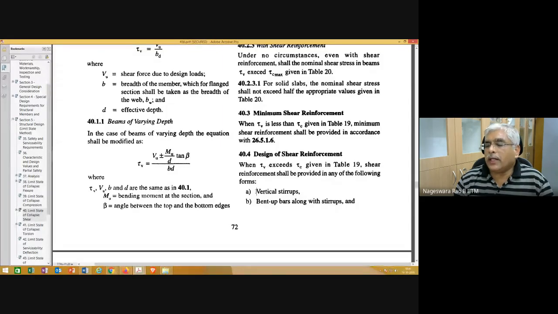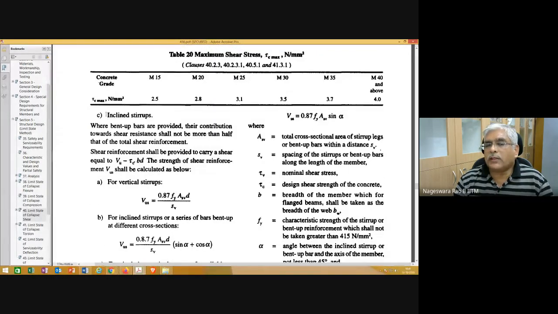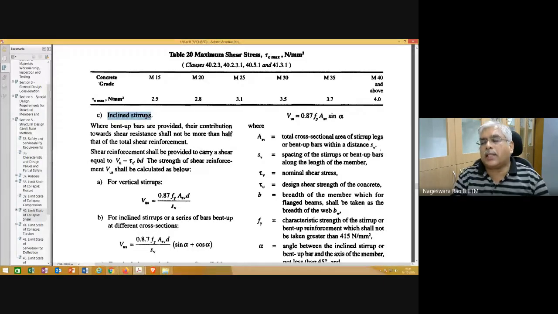We already looked at it. There are 3 forms in which we can provide shear reinforcement: vertical stirrups, bent up bars with stirrups, and inclined stirrups. Obviously, when you say inclined stirrup or vertical stirrup, what do you mean by vertical stirrup?